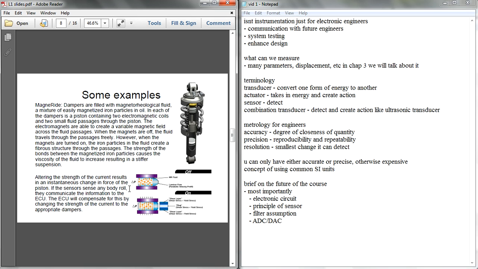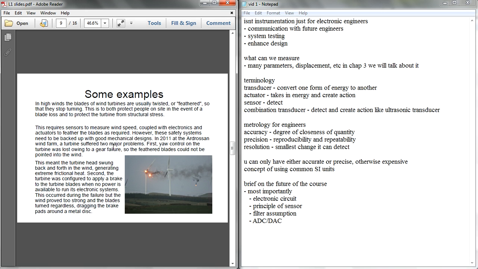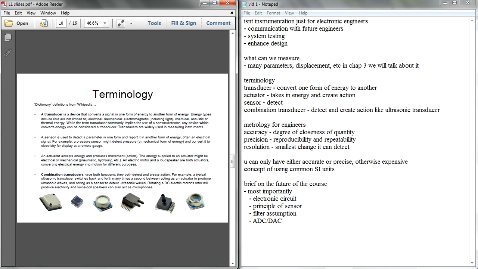In a typical situation it flows quite well, but when the magnet is on, the magnetic particles harden and restrict the flow of the fluid, so that you can brake, like when you are driving. This one is the wind turbine, so I'm not going to talk about it.